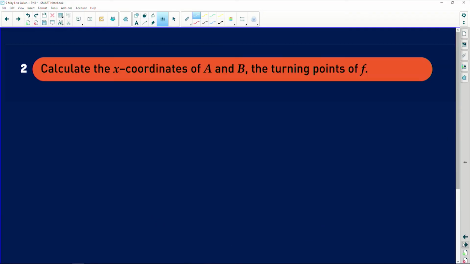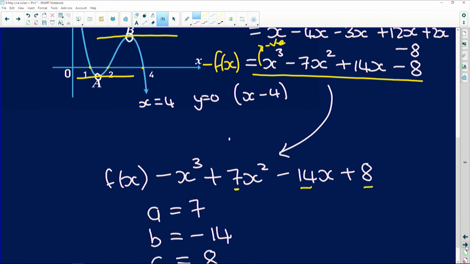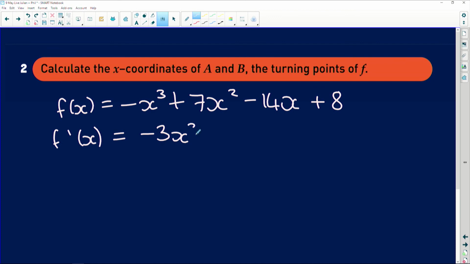So f of x is equal to negative x cubed, let me double check, negative x cubed plus 7x squared minus 14x plus 8. If we find the first derivative, it'll be negative 3x squared plus 14x minus 14.